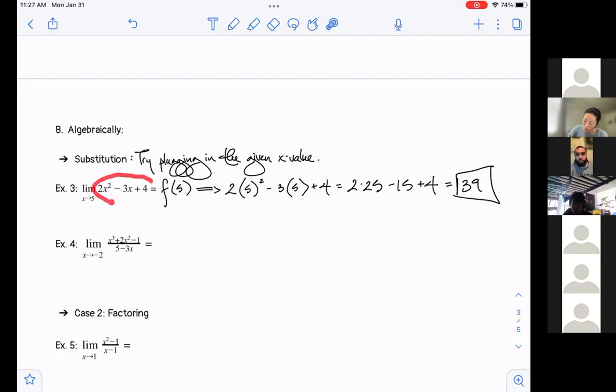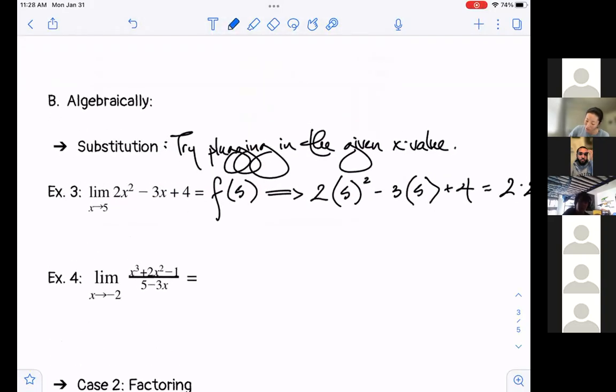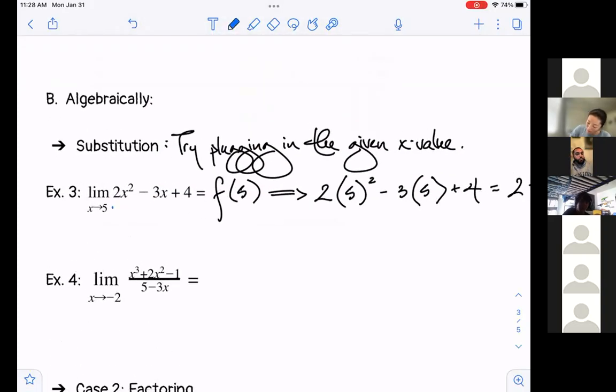Can anyone tell me what shape this graph is? Yeah, this, my friends, 2x squared minus 3x plus 4 is indeed a parabola. We know that because of the x squared. And whether we liked parabolas or not, they do look like this U shape, right?